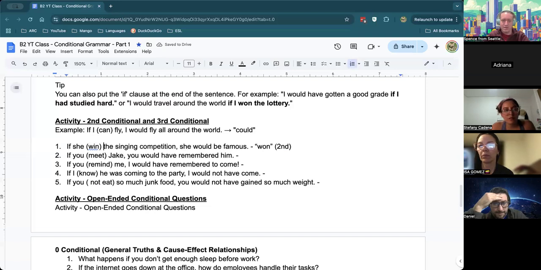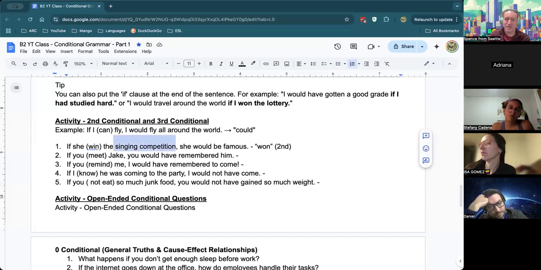So here, are we talking about a past event or a future event? If she won the singing competition, she would be famous. Past event. You would think it would be past because we're using past tense, but it's actually a future event. It's saying it's very unlikely that she's going to win.